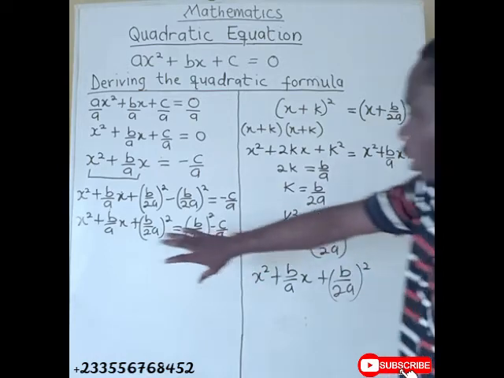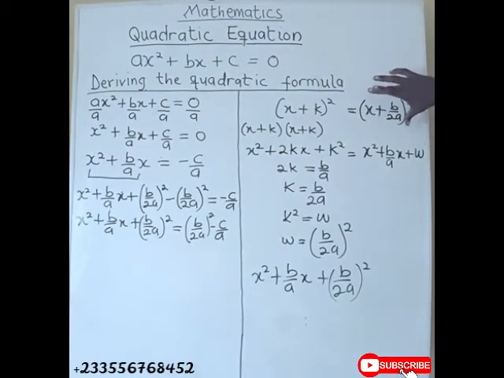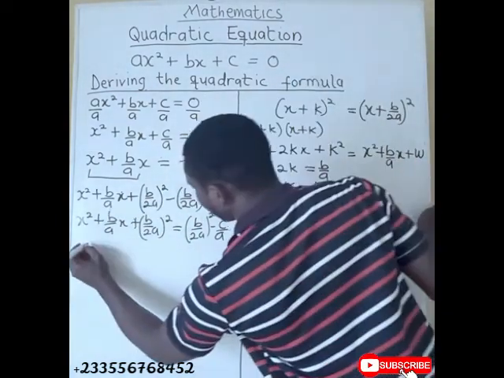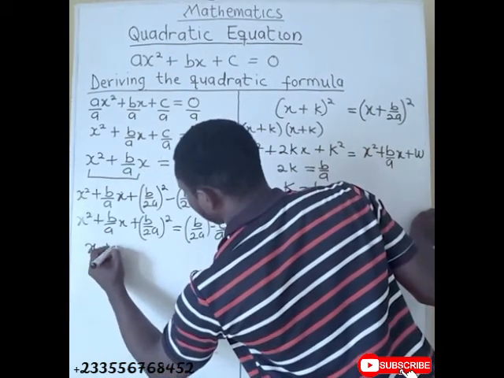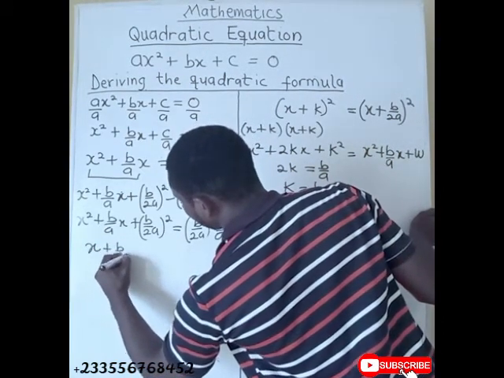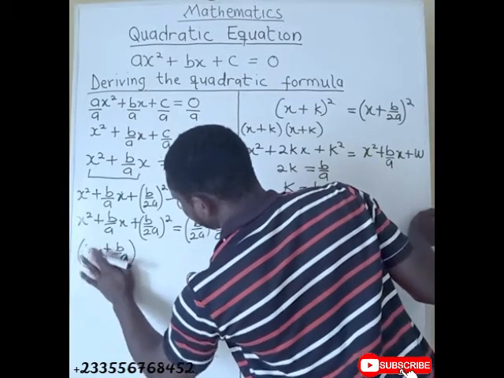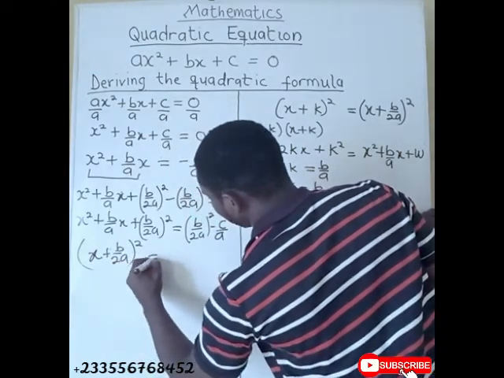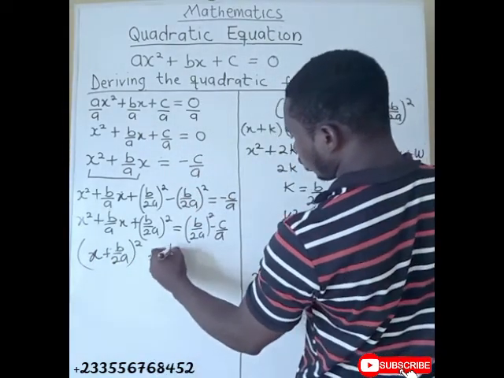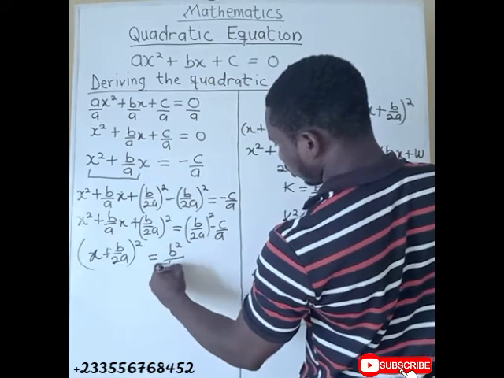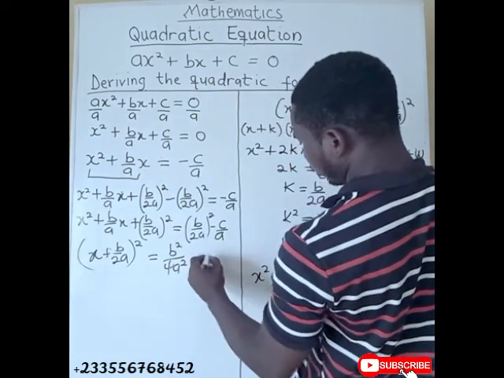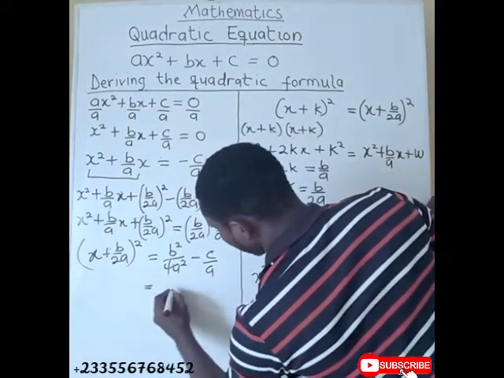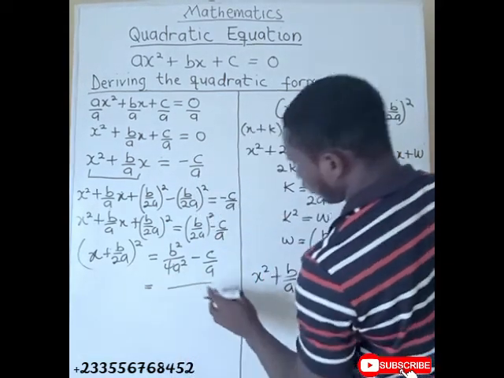So now, since we know that this one is equal to this one, we'll replace the whole of this one with this one, which is (x plus b over 2a) all squared is equal to, and simplifying this one, we have b squared over 4a squared minus c over a. So the next step, we simplify this one further, we find the LCM.